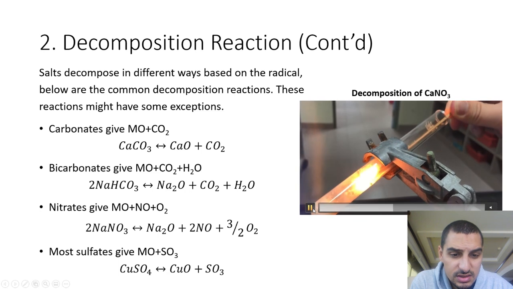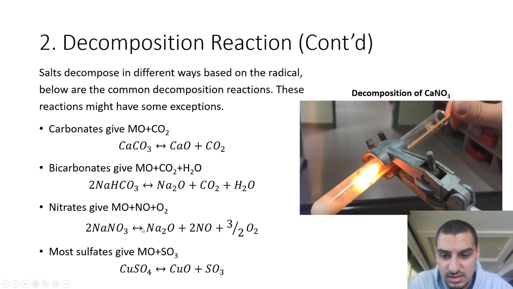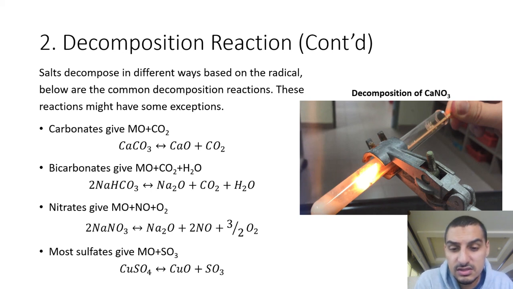Just to understand what he is trying to do, he is decomposing calcium nitrate, which is a nitrate salt, and it produces NO and oxygen. NO is a colorless gas, but it reacts with oxygen in air to form nitrogen dioxide. This is nitrogen monoxide. It produces nitrogen dioxide and oxygen.